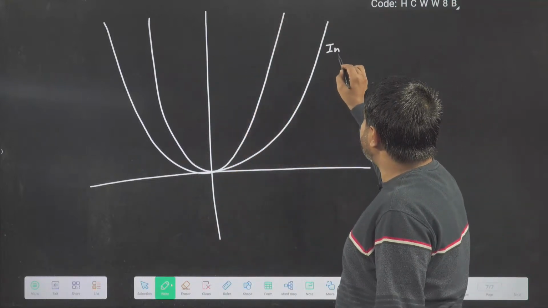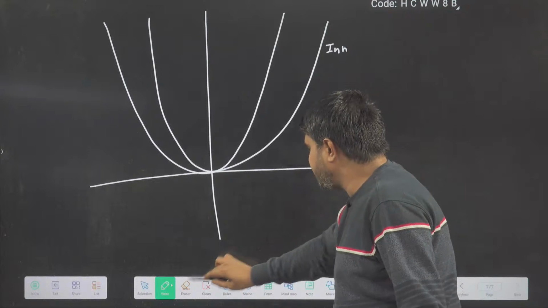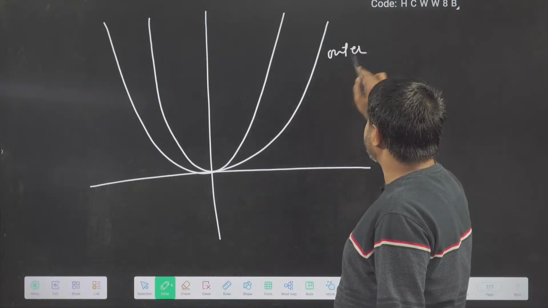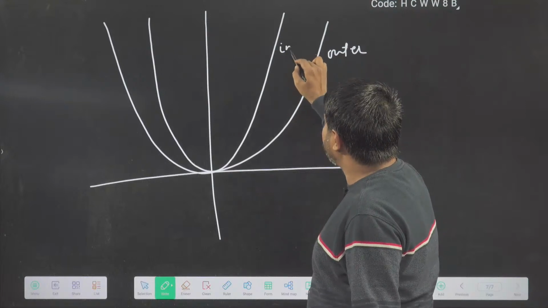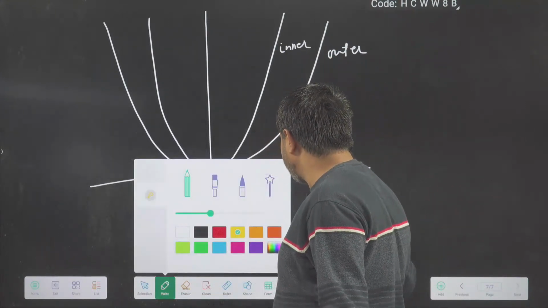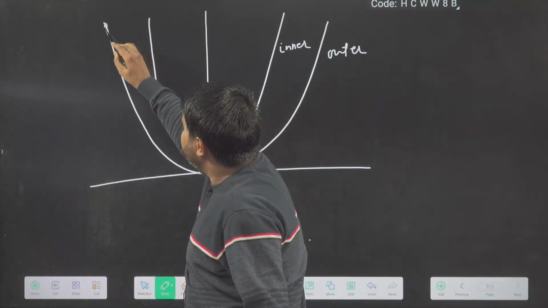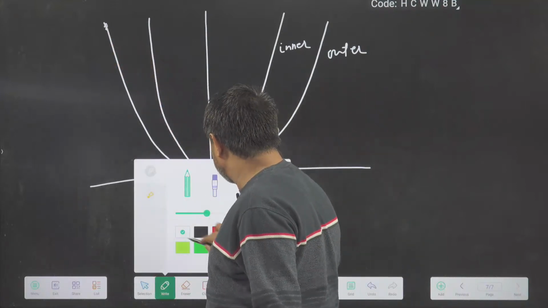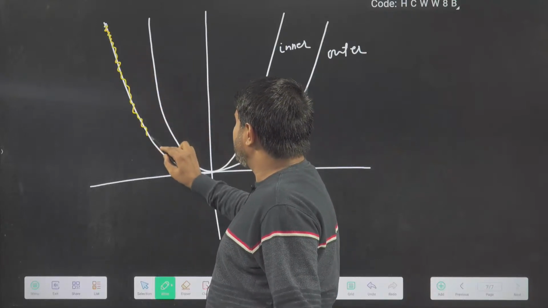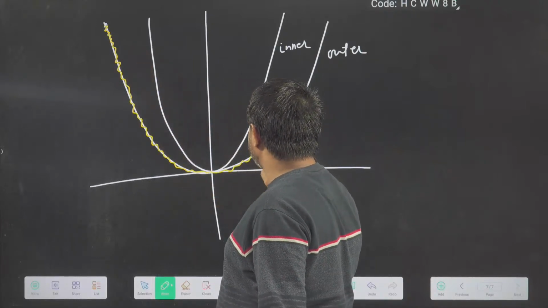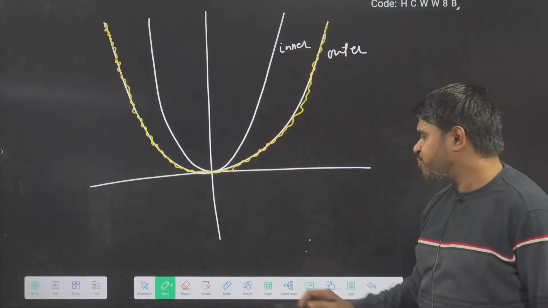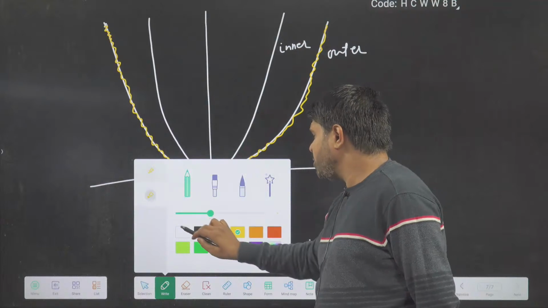This is the outer one and this is the inner one. Let me use two different colors for more clarity. This outer one is with yellow and the inner one is with white.